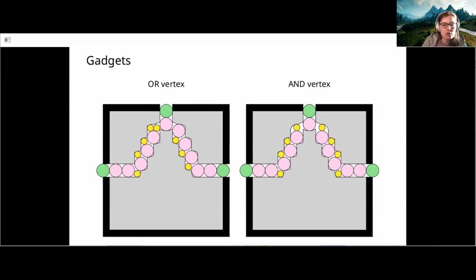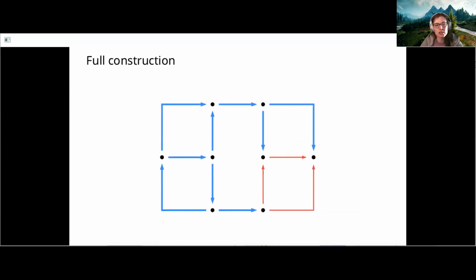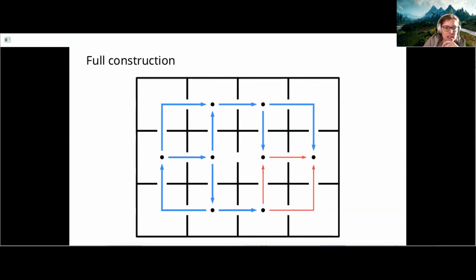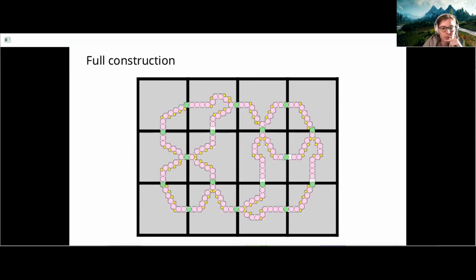And then the whole construction, putting things together, will start with some graph that consists of OR and AND vertices. We lay it out on the grid, and then we replace each vertex with a gadget. So this will be the view of the full construction.